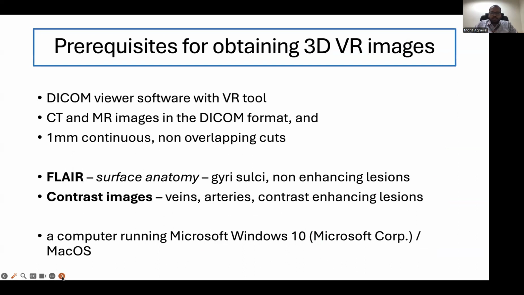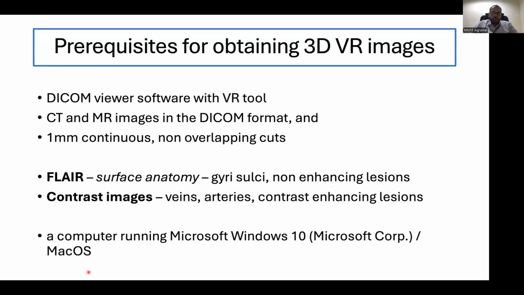So, what are the prerequisites for obtaining the 3D VR images? It's pretty simple. 1 mm contiguous non-overlapping cuts are required, and any CT or MRI in the DICOM format. FLAIR images, as you will see, are best to see the surface anatomy, like the gyri, sulci, and non-enhancing lesions, and contrast images for the veins, arteries, and the contrast enhancing lesions.